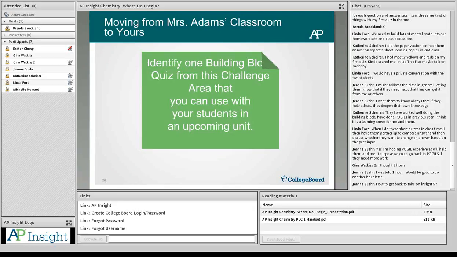So are we still on the ACT tab? On the ACT tab you were just downloading the building block next steps guide. I see, and I see there's a teacher one and a student one. Correct.